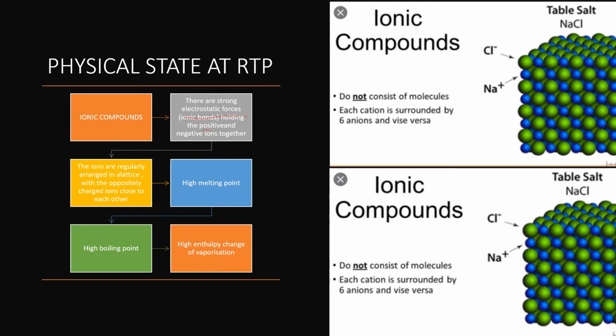So the ions are regularly arranged in a lattice with the oppositely charged ions close to each other. The result is high melting point, high boiling point, and high enthalpy change of vaporization.